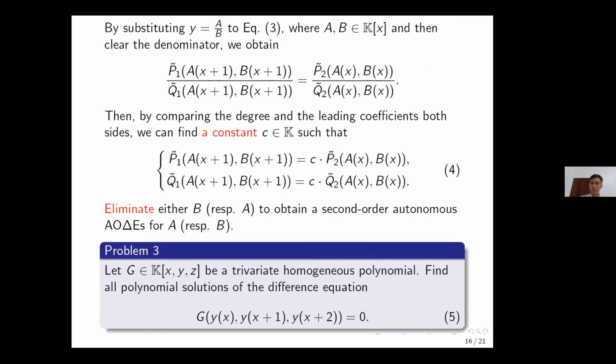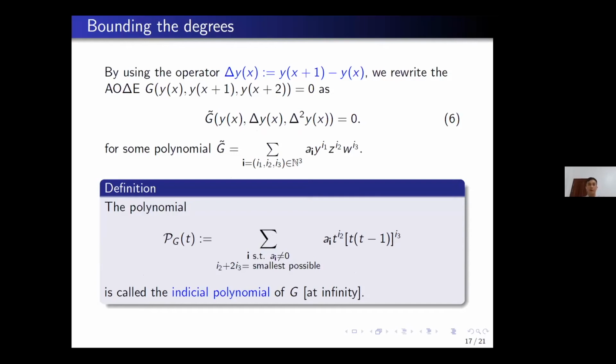We are going to bound the degree of the polynomial solution of equation number 5. How to bound the degree of the polynomial solution here? We do as follows. We need an operator that is similar to the differential operator. We need the operator delta determined by the formula delta y(x) equal to y(x plus 1) minus y(x).